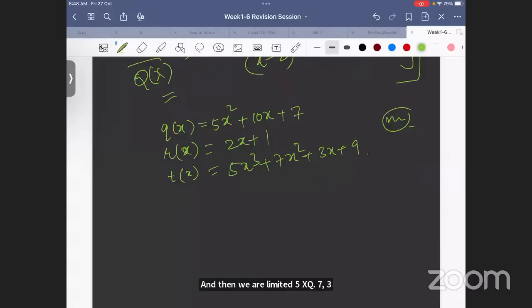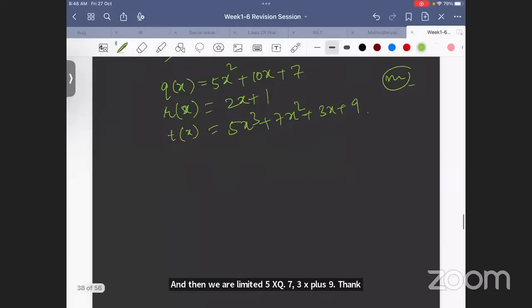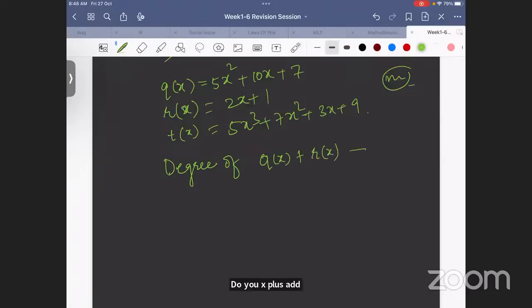Now you have to say what should be the degree of q(x) plus r(x), then the degree of q(x) multiplied by r(x) multiplied by t(x).